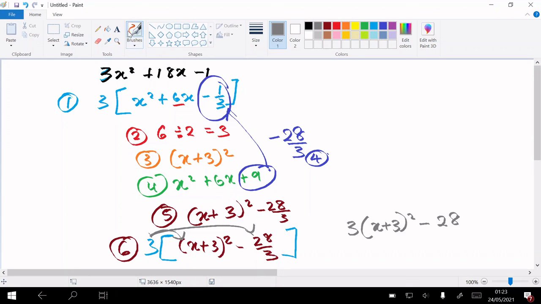But that's pretty much it for completing the square. So to do a quick summary, if you have a number in front of x squared, you factorize it. Afterwards, you follow the same 5 steps for the inside expression.